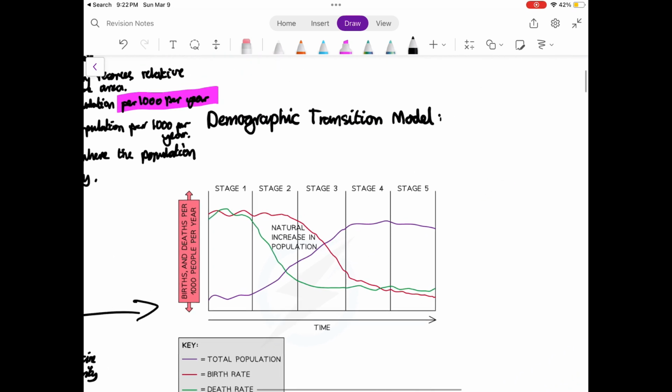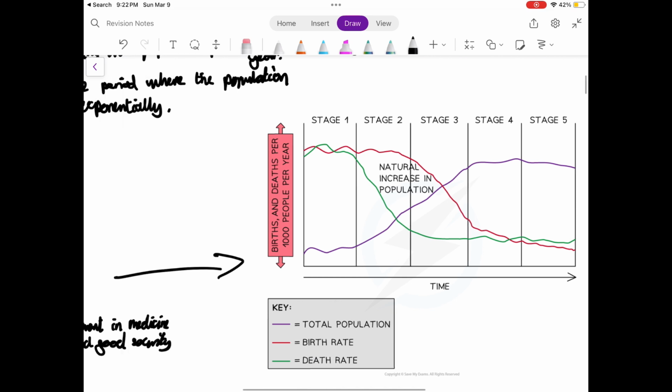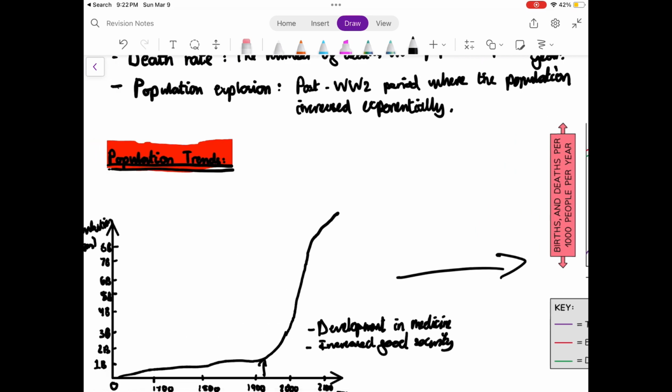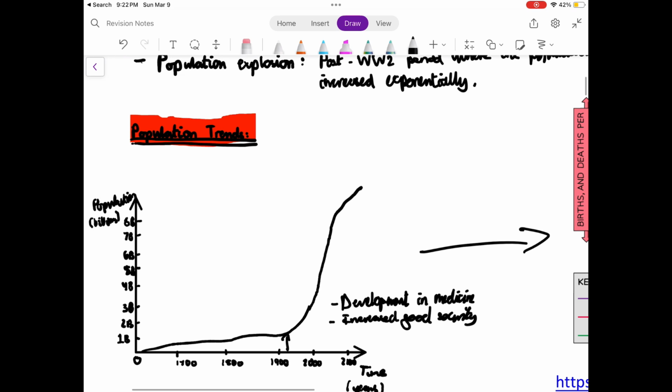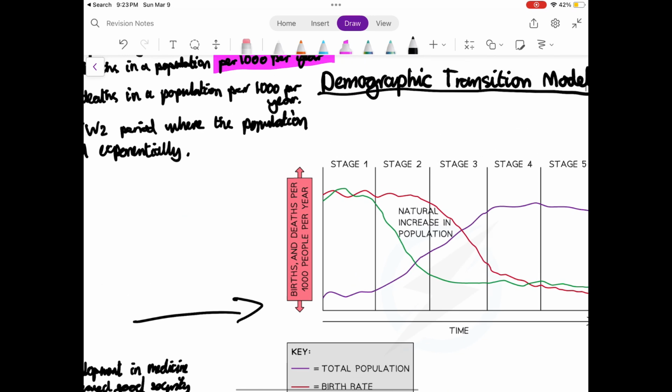Another thing that links in with this is the demographic transition model. This complements this population trend graph, and shows how the birth rate and the death rate have an effect on the total population. In stage 1, the birth rates and death rates are quite high.